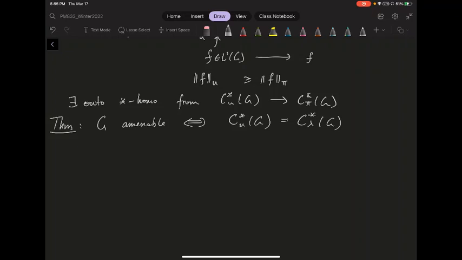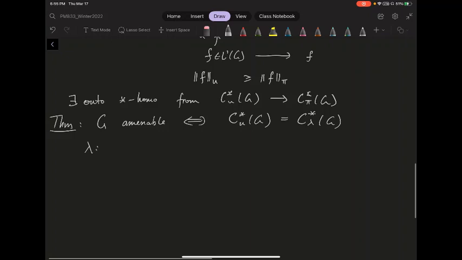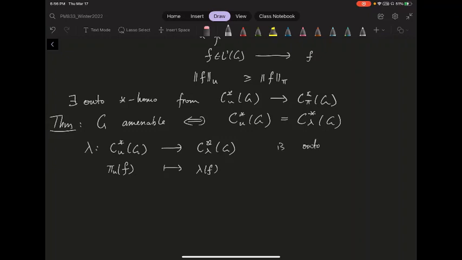These two C star algebras, as we saw, have an onto star homomorphism. Let lambda be the map from C star_U of G to C star_lambda of G sending f, that is, the image pi_U of f, to lambda of f. This is certainly an onto star homomorphism, as we just saw.